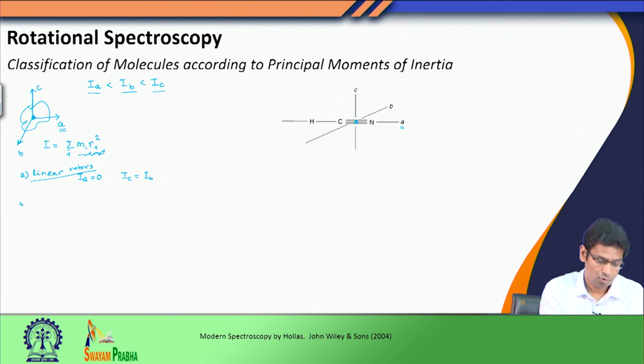And then we go to another class of molecules, where we require that two of the principal moments of inertia are equal, and the third is not 0.